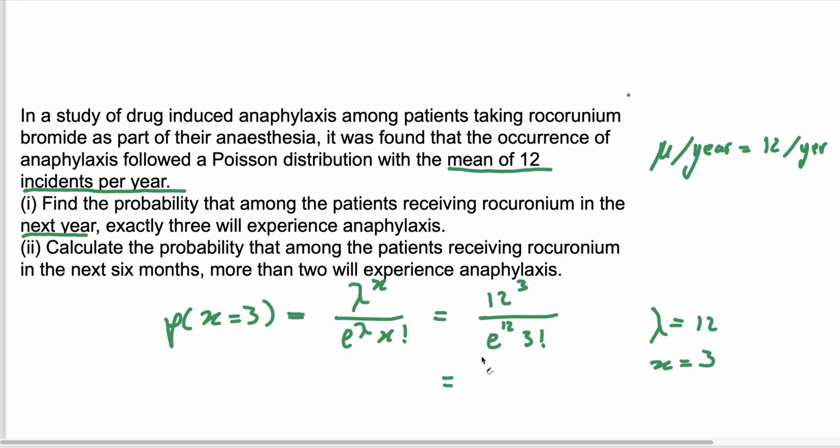If you're doing this for the first time and you don't know what factorial is, you just press 12 to the power of 3, and then divided by shift e, which is the shift of ln, natural logarithm, on your Casio calculator, then to the power of 12, and then you move your cursor to 3, which is times 3.